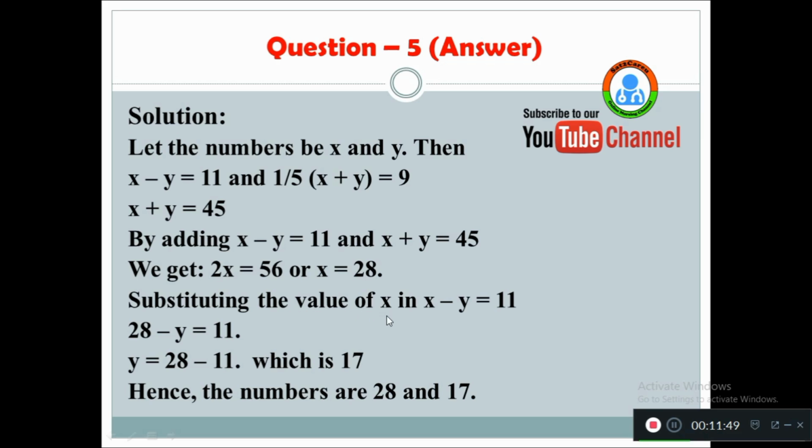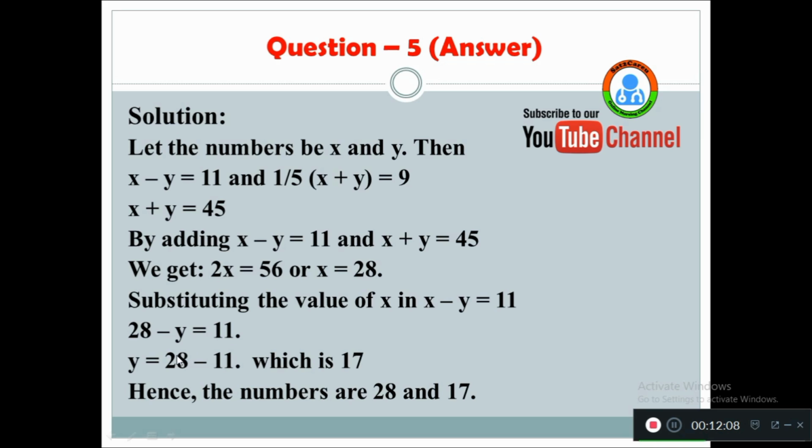Substituting the value of x in the equation x minus y. We want to find y, hence we are substituting the value of x in this equation. Now 28 minus y is equal to 11.